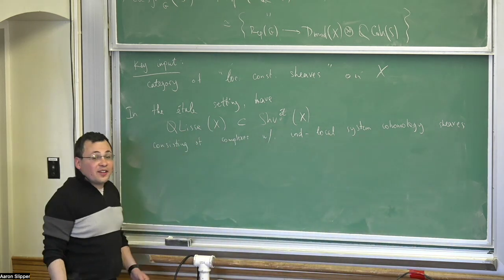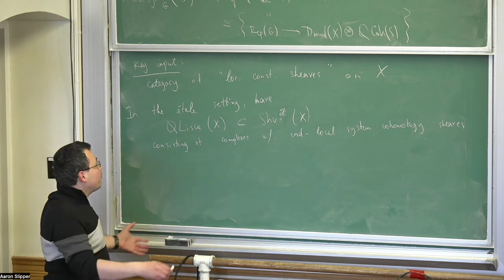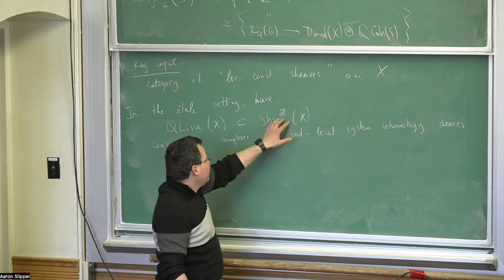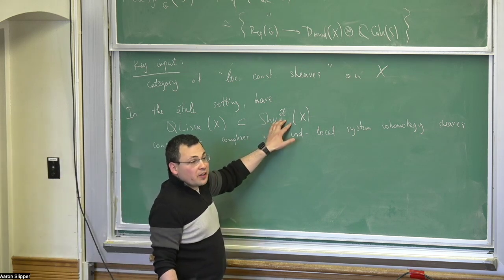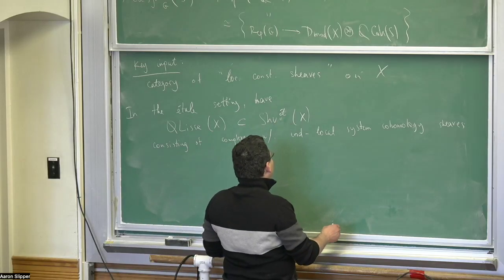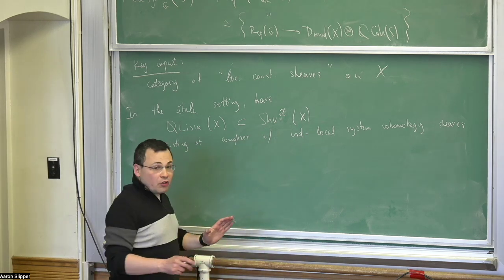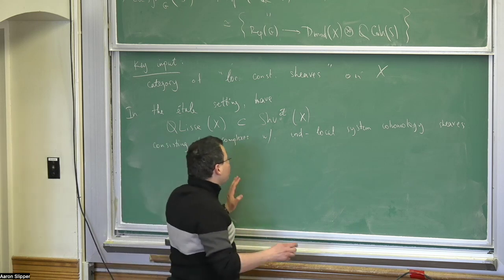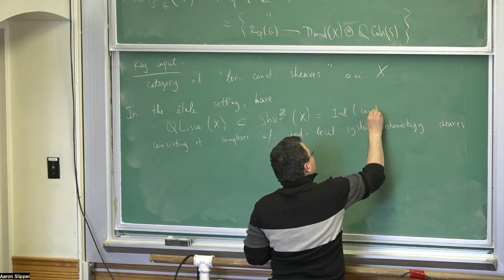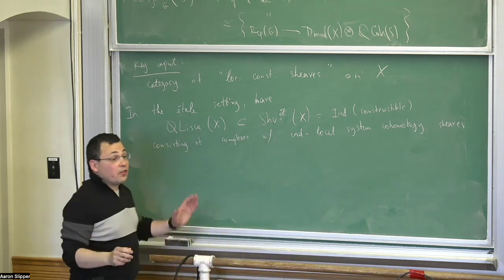Hopefully, as people have been indoctrinated in the seminar, it's usually better to consider large categories rather than small ones. So by this, I probably mean Ind of the usual thing that you might consider. So this is Ind of constructible l-adic sheaves.